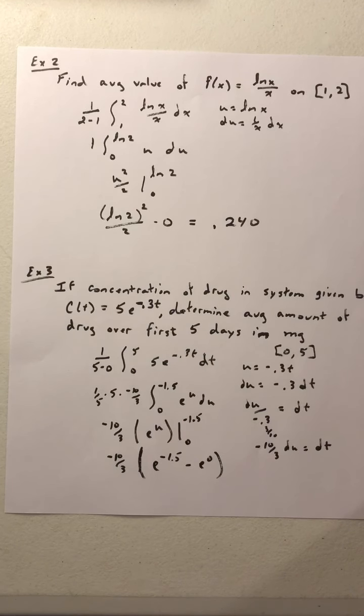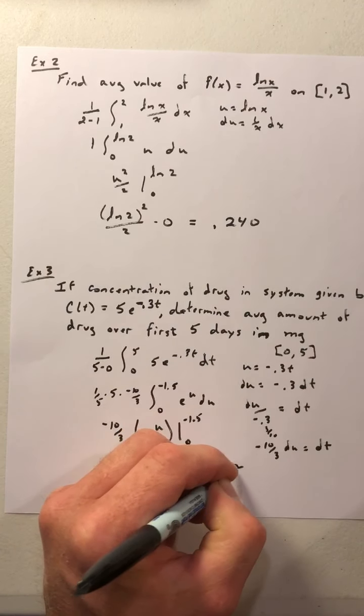Again, we can go ahead and put that into our calculator. We have e to the negative 1.5, and then we're going to subtract off of it e to the 0, which is 1. And then we're going to multiply that by negative 10 divided by 3.